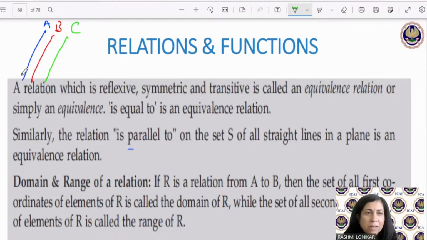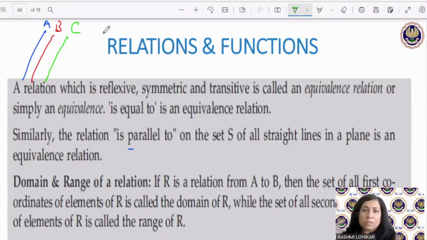Now, is A parallel to itself? Yes. So it is reflexive. Now, A is parallel to B. Does it mean B is parallel to A? Yes. So it is symmetric. A is parallel to B and B is parallel to C. Does it mean A is parallel to C? Remember class 10? We have studied in geometry.